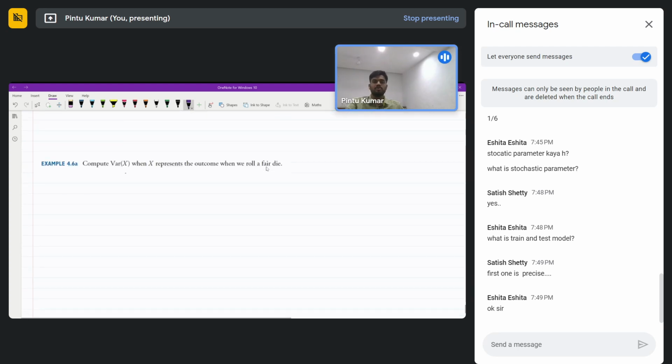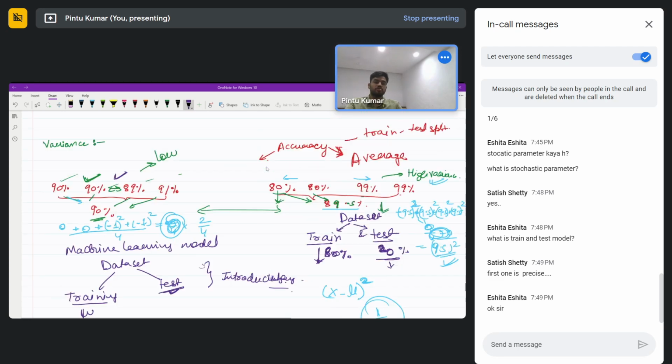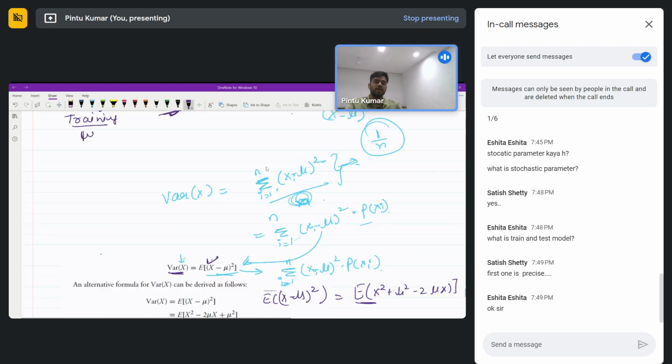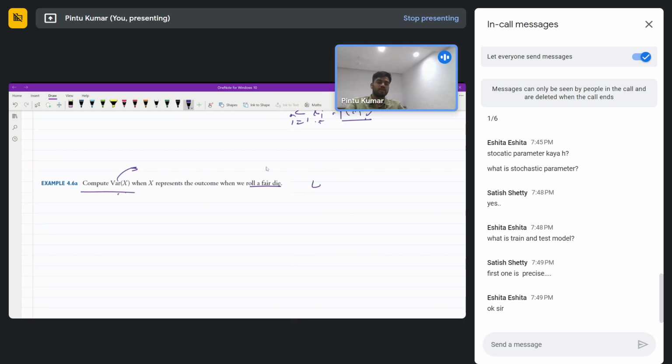Okay, so let's calculate the variance of x when you are rolling a die. Earlier we have already calculated the mean. The mean of this was 3.5. Now we have been asked to calculate the variance.